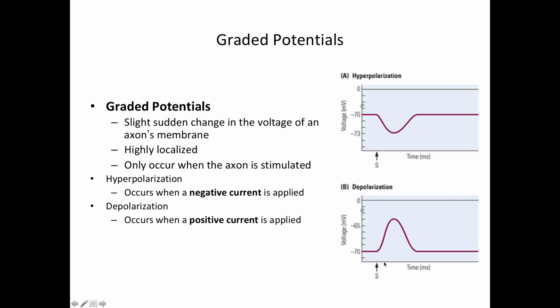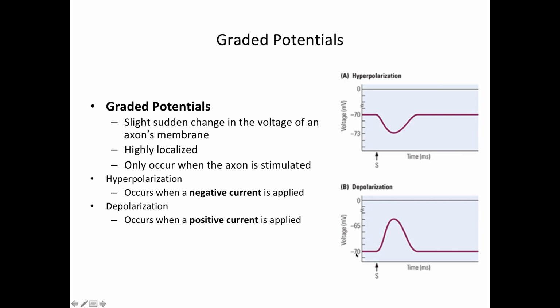And an increase of the voltage in the membrane is called a depolarization, so right here. So during a hyperpolarization, the cell on the inside gets a little bit more negative compared to the outside. And in the depolarization, the cell on the inside gets a little less negative compared to the outside. So it's not positive, but it's becoming a little less negative.